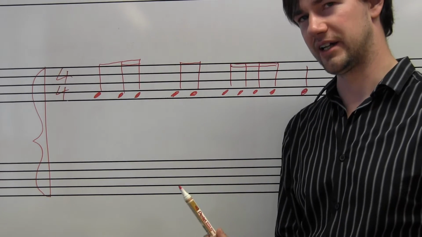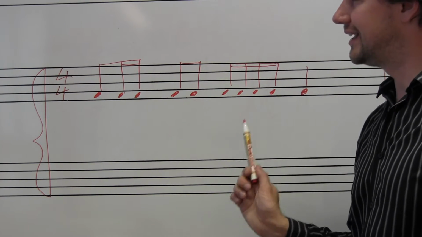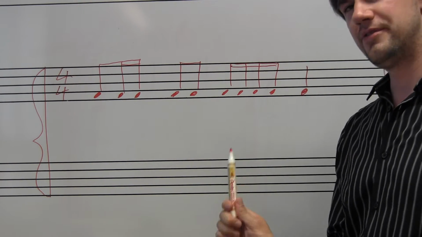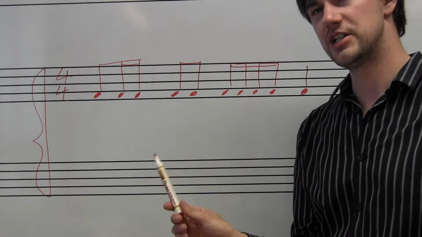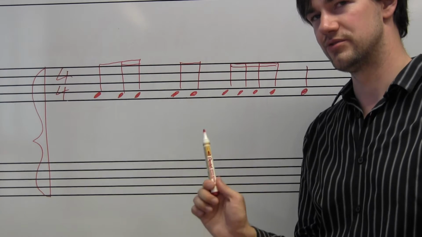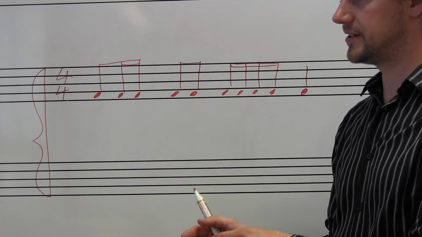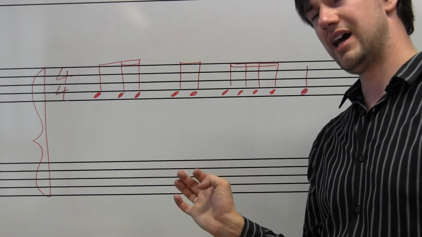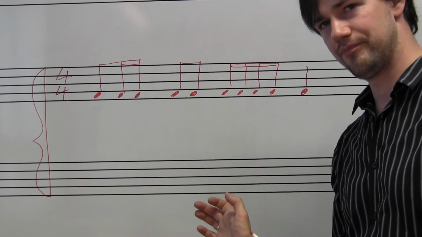Basically it was correct, but the point of rhythm syllables is to give all different notes a special name according to rhythm. So every different note has a different name according to rhythm.